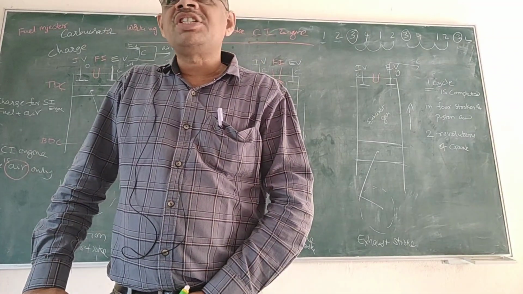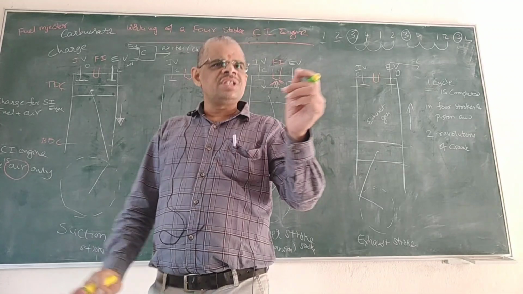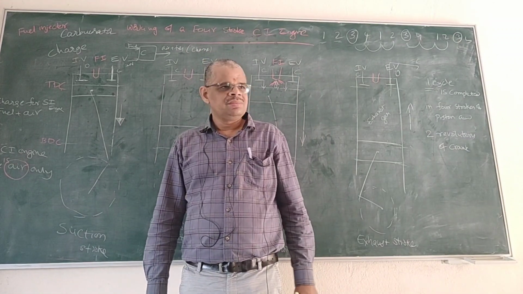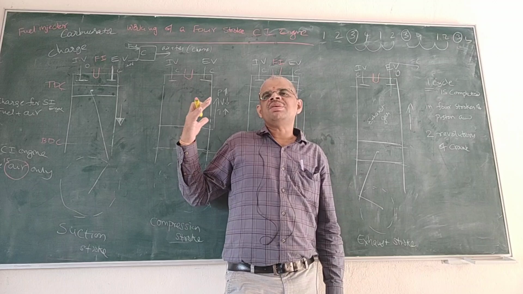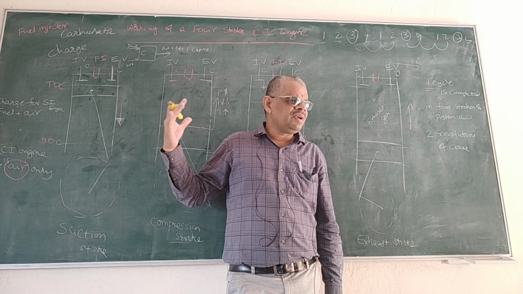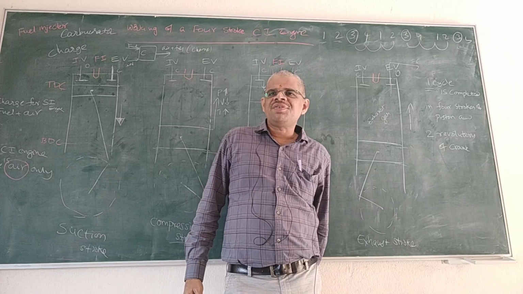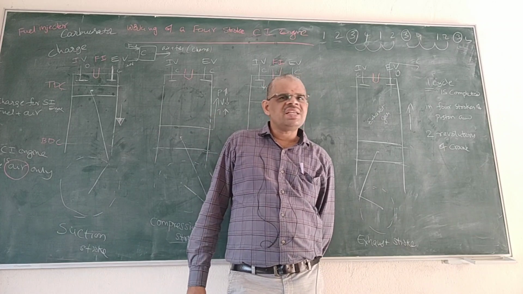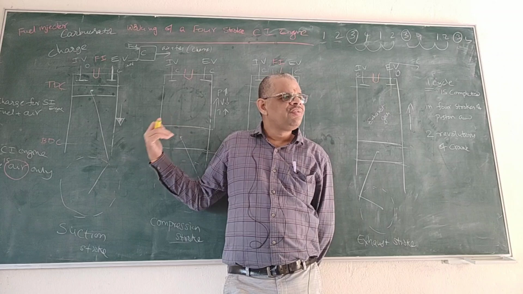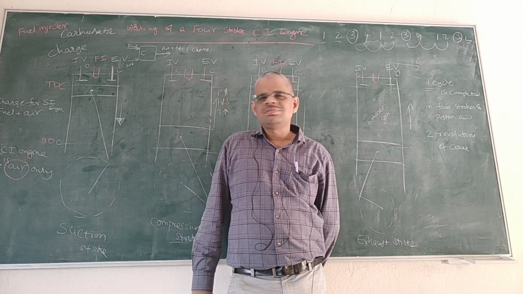Now tell me, what is the difference between SI engine and CI engine? First of all, SI engine is used in petrol engines. CI engine is used in diesel engines. In SI engines, the fuel is petrol. In CI engine, diesel is the fuel. And what is the next difference? Charge. In case of SI engine, the charge is a fuel plus air mixture, which is made in the carburetor.